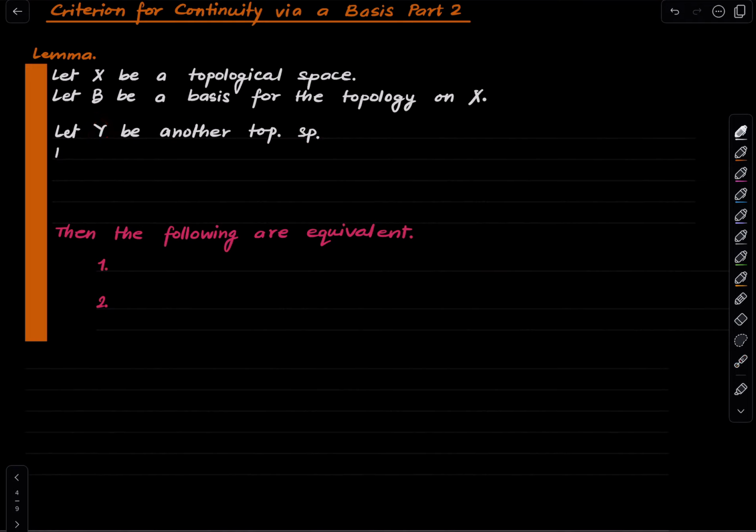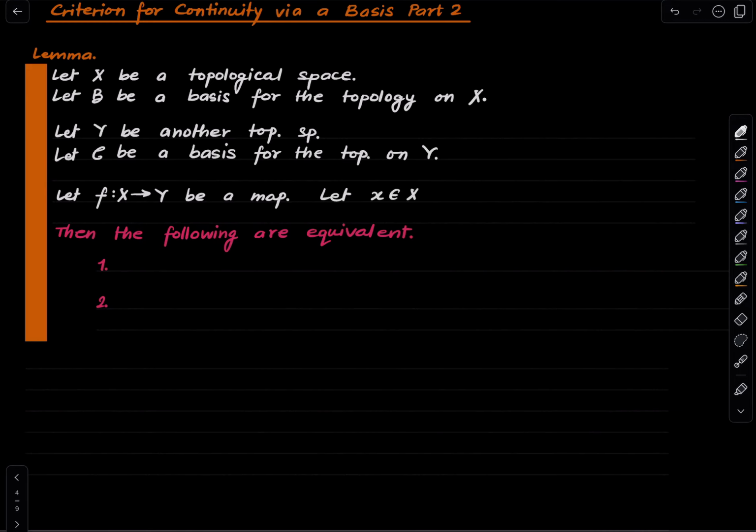And let C be a basis for the topology on Y. So we have a basis for the topology on X, and we have a basis for the topology on Y. And let F be a function, and X be a point in the domain. So that is the setup.